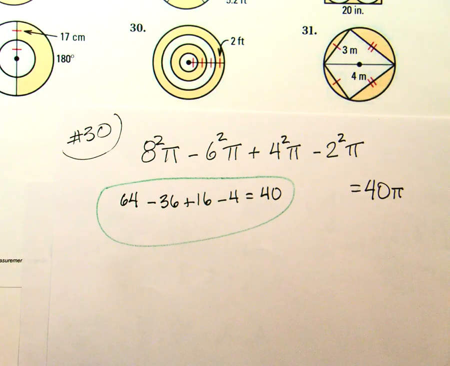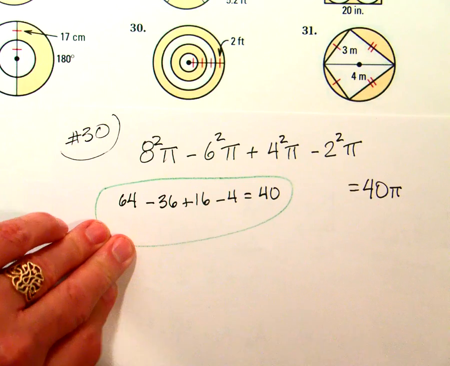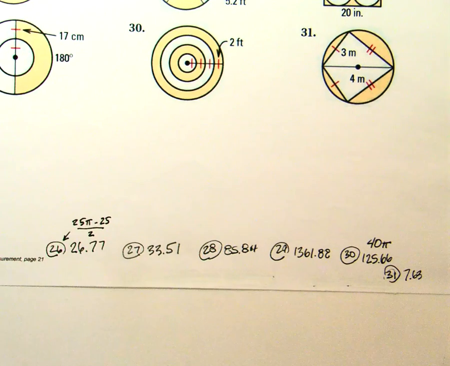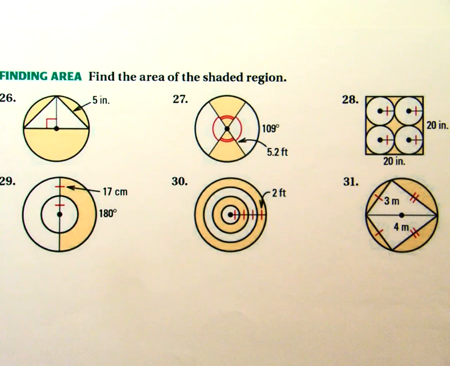I just went ahead and multiplied it out and added it. So, there we have number 30, and here's the rest of them. As you just saw, go ahead and work them. I'll make them a little bit bigger, then I'll move the answers up so that you can see them.